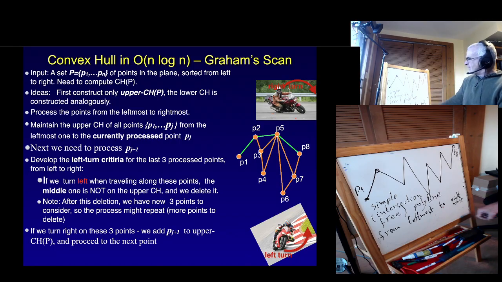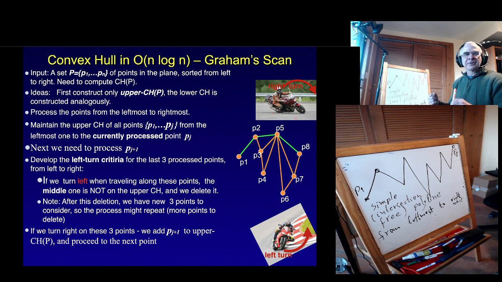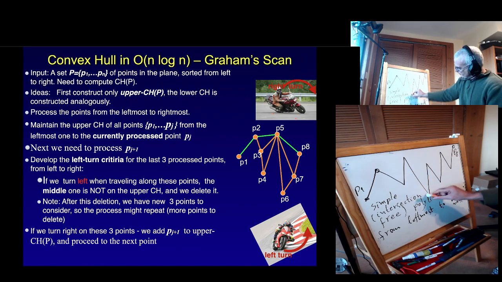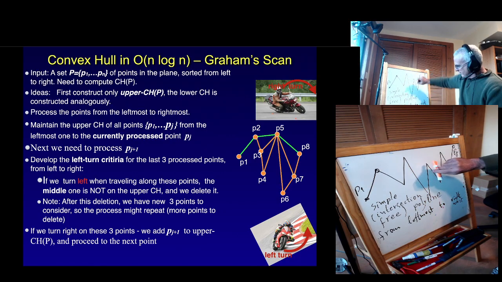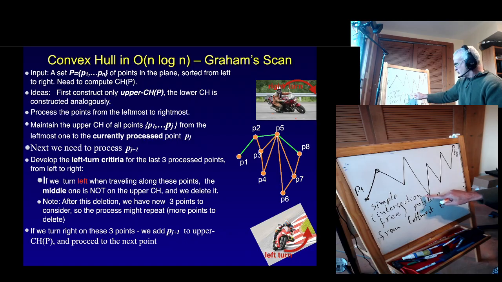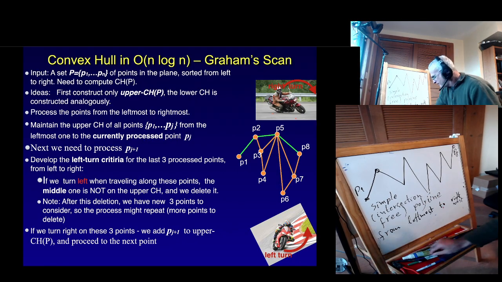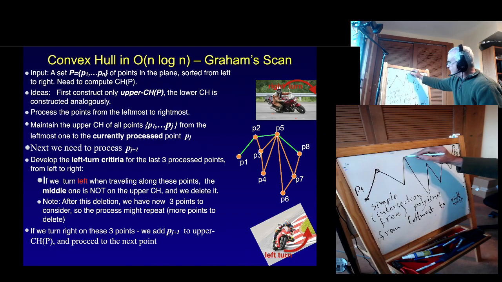Well, P1 will be, P8 will be, because they are the leftmost and rightmost, but for other ones I'm not sure about a yes condition, but I'm absolutely sure about a no condition. If on my way I'm turning to the left, then this point should not be on the convex hull, meaning that I can shortcut through it.